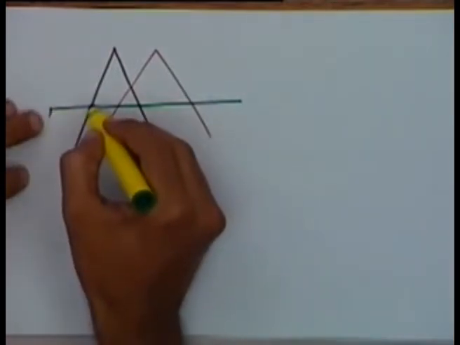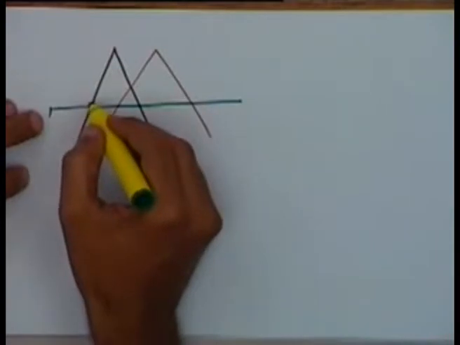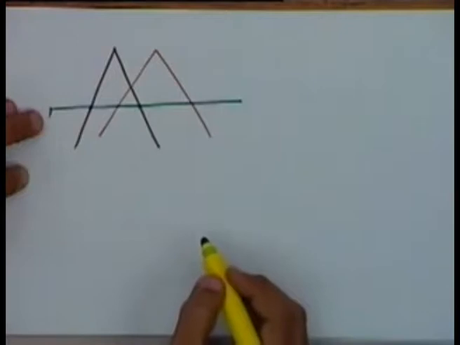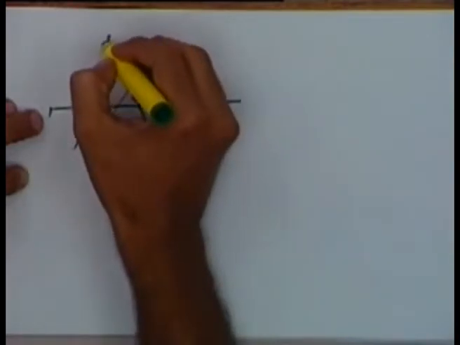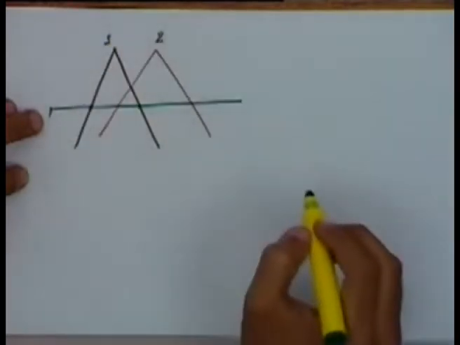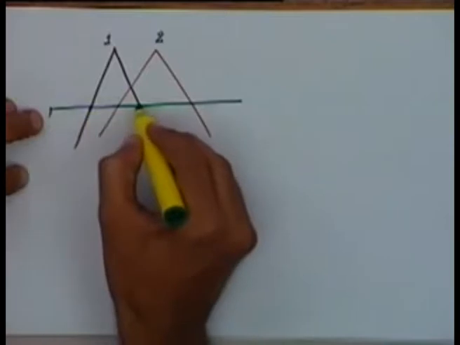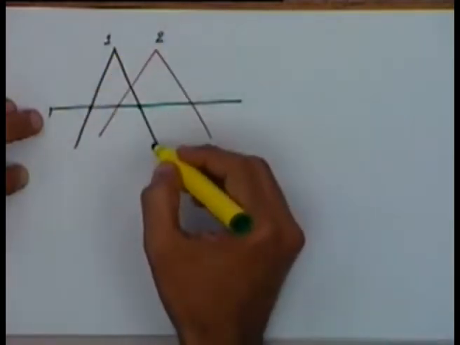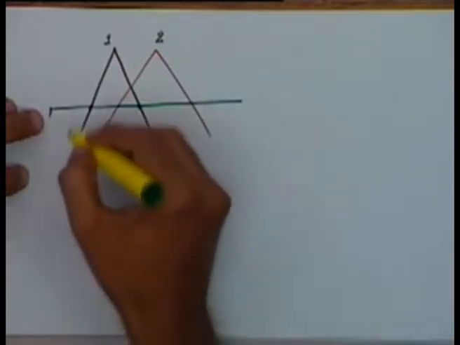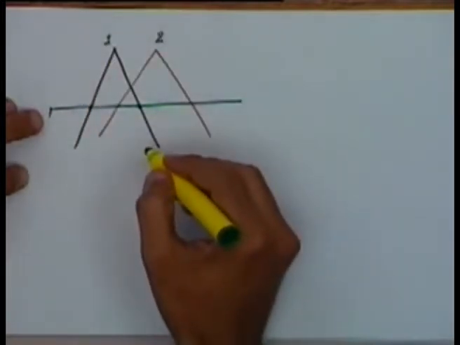When we come to this intersection, this is the first edge we have in the active edge list. From this intersection onwards up to this intersection, we are finding the value of z. If this is my polygon number 1 and this is my polygon number 2, my z buffer in this region will contain depth according to polygon number 1.